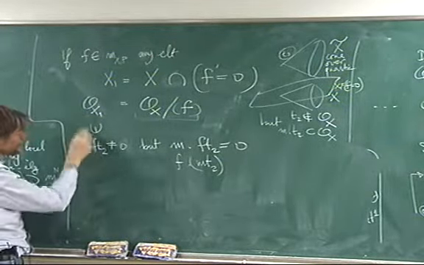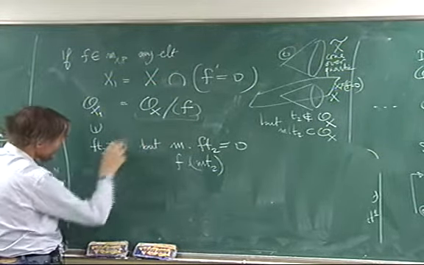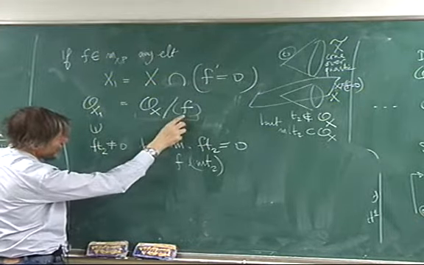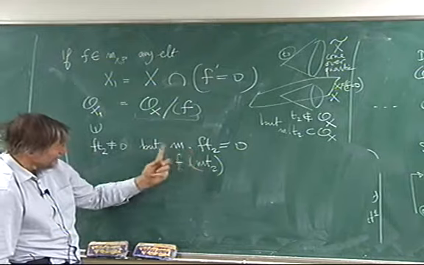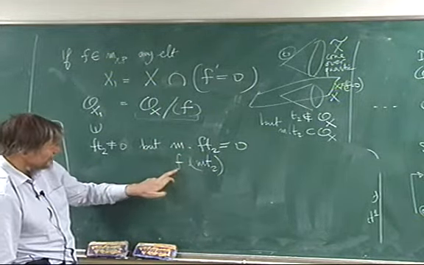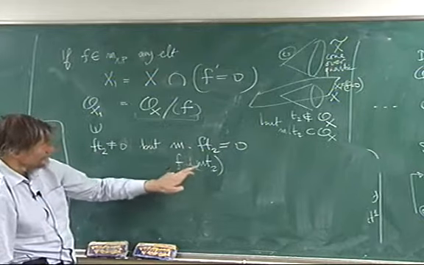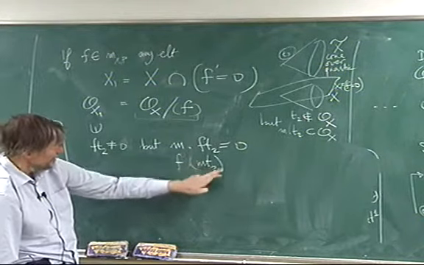So f times t2 is in there, and it's not 0, because t2 is not in there, and so this is not a multiple of f. However, if I multiply it by anything in the maximal ideal, this is m times f times t2, which is the same thing as f times something in m times t2, and this element is in OX.